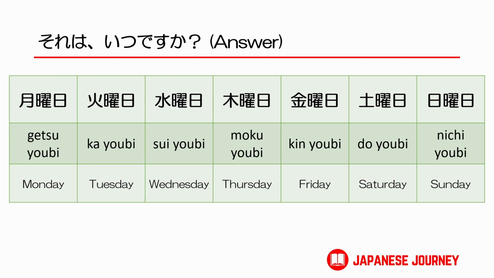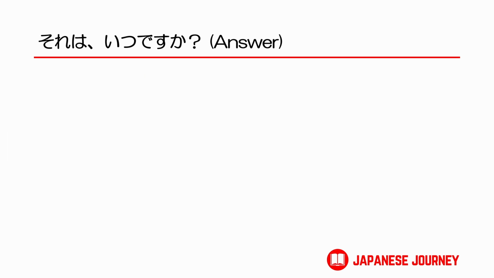This is the summary of the days in a week in Japanese. Again, if you like to practice more, please click on the link to our Japanese calendar practice drill video on the top right corner. Now let's look at the final example.